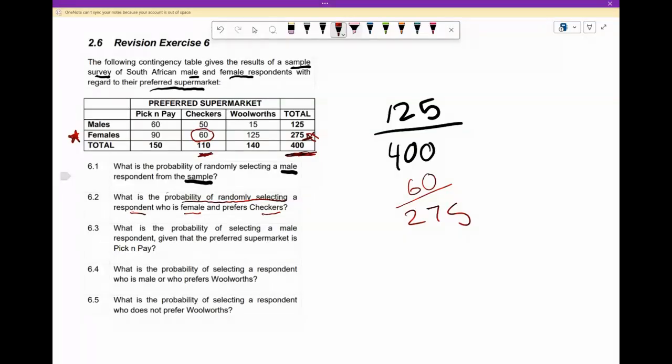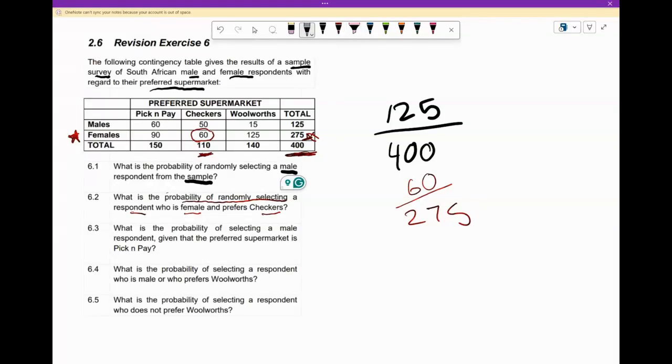I'm trying to explain it a different way, but I don't have anything else in my bag. Yeah, I got 60 over 400. What is the probability of randomly selecting? It's not specified. It's not asking for females specifically, just Checkers.